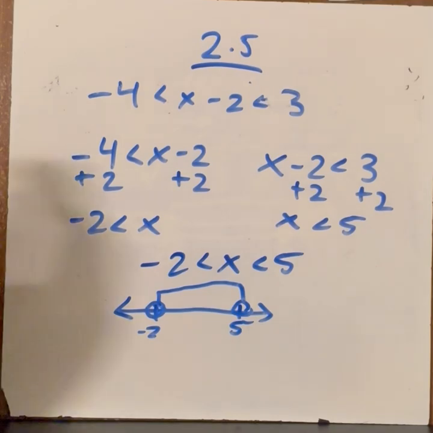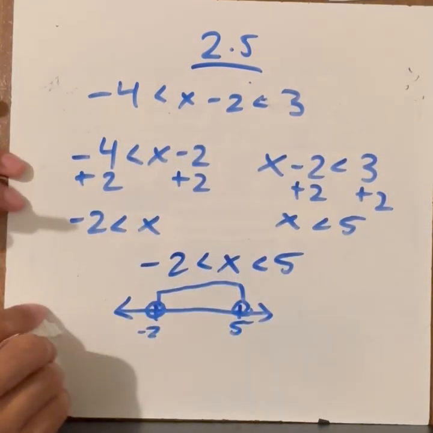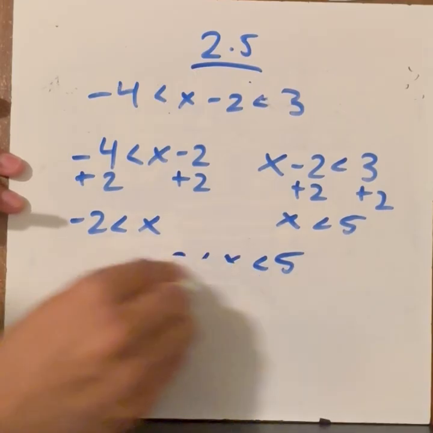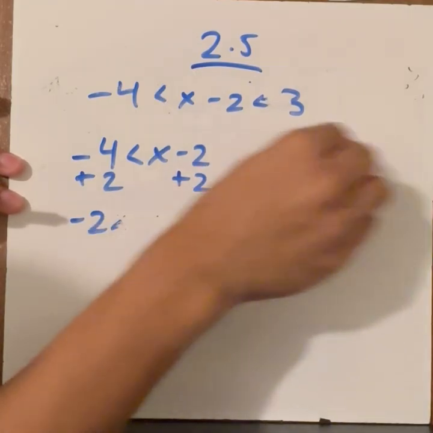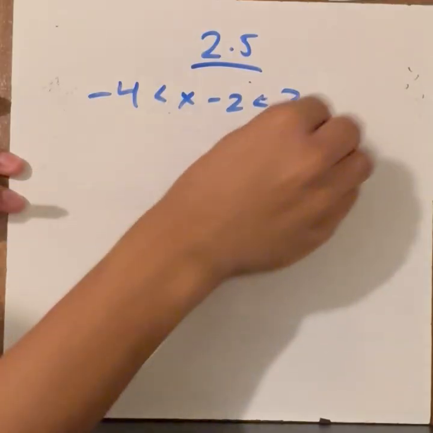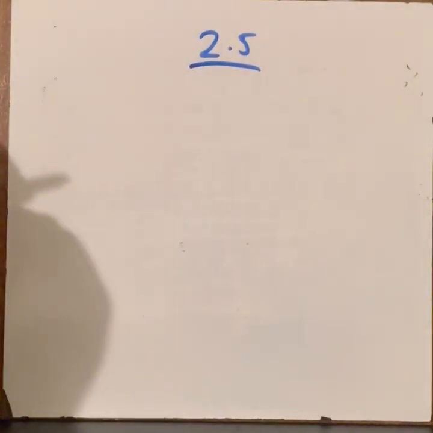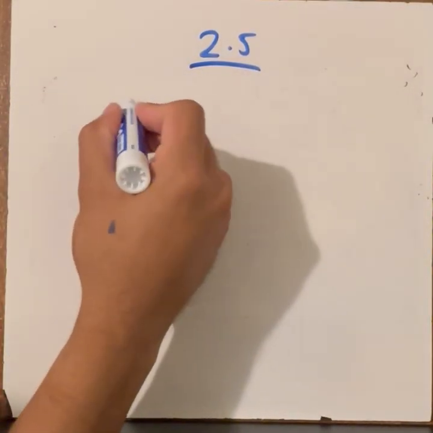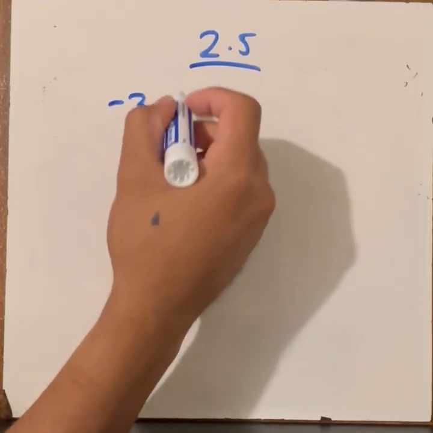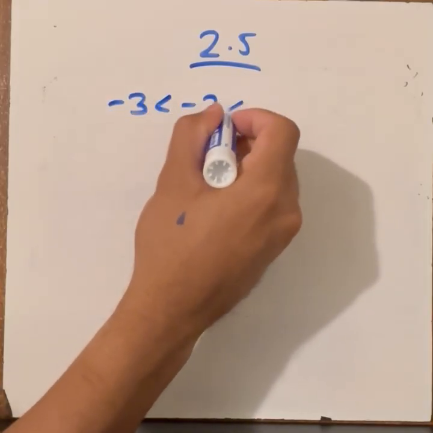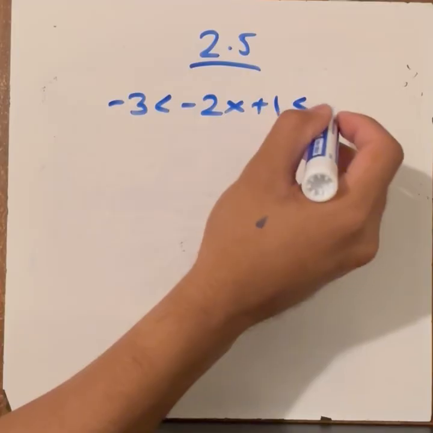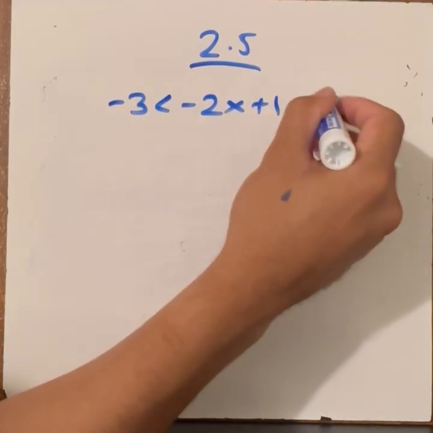All right, let's go and take a look at the question again, solving it a little bit different. All right, so if we had this question of negative 3 is less than negative 2x plus 1 is less than or equal to 9, okay?